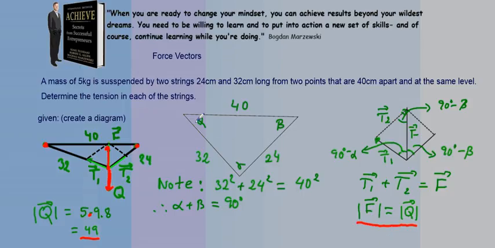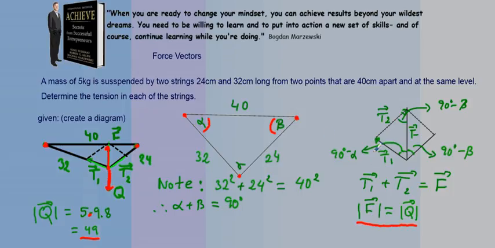We will be using two diagrams here. The diagram that represents the strings will be useful for us to find the angles, because 3 sides are given, so we will be going after angle alpha and angle beta.